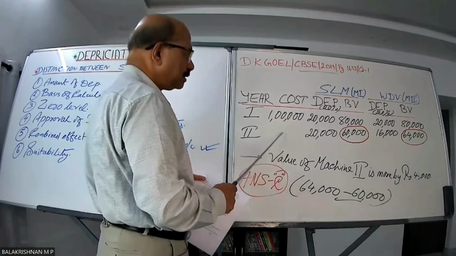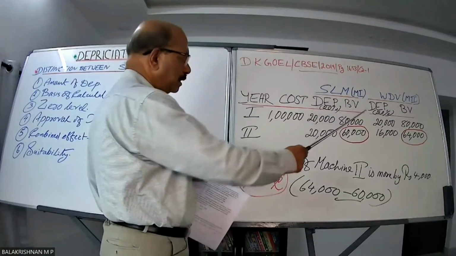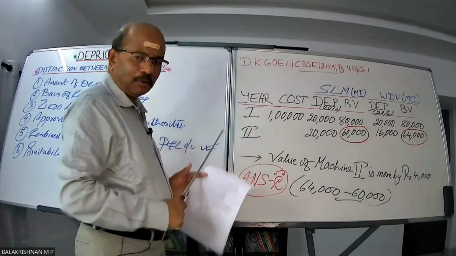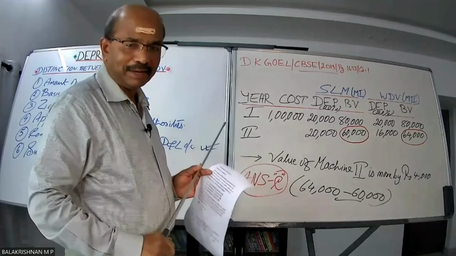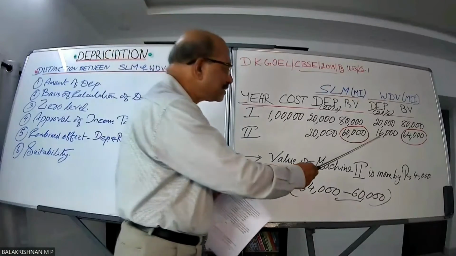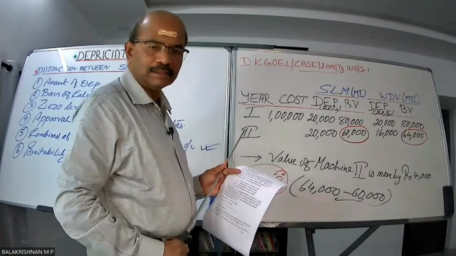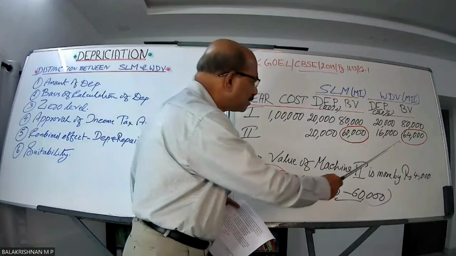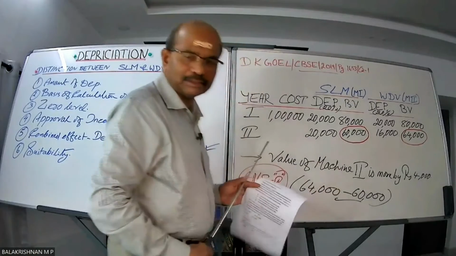Year beginning balance is, as usual, 80,000. Depreciation will be based not on the original cost, but on the year beginning balance. That is 20% of 80,000, which is 16,000. So the book value will be 80,000 minus 16,000, that is 64,000.